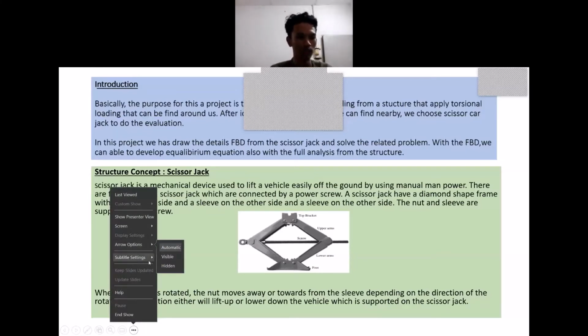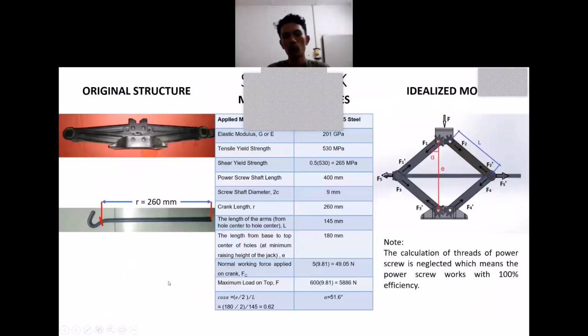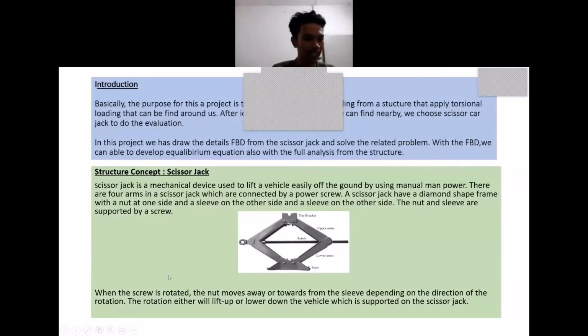When the screw is rotated, the nut moves away from or towards the sleeve depending on the direction of the rotation. The rotation will either lift up or lower down the vehicle which is supported on the scissor jack. So I pass here to my friend to explain the next slide.